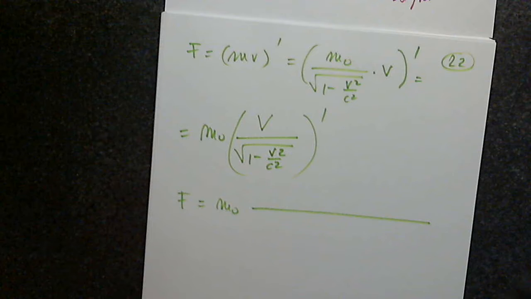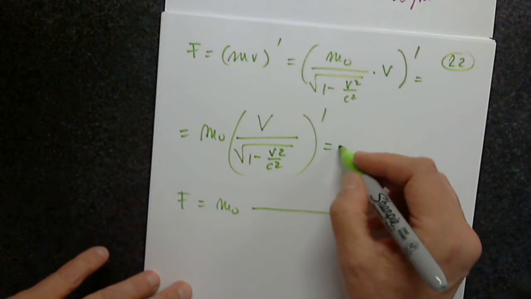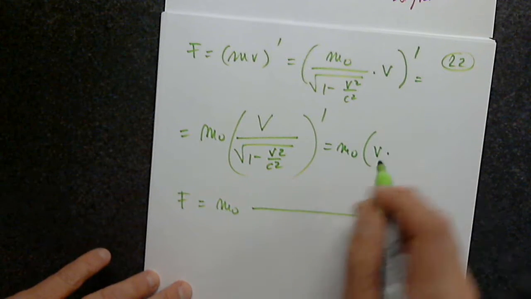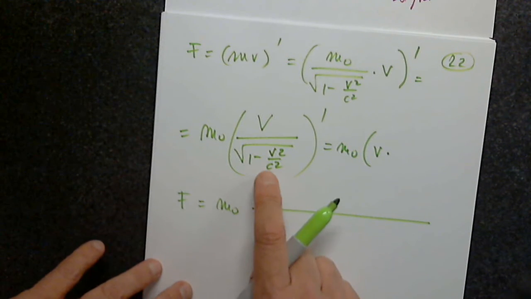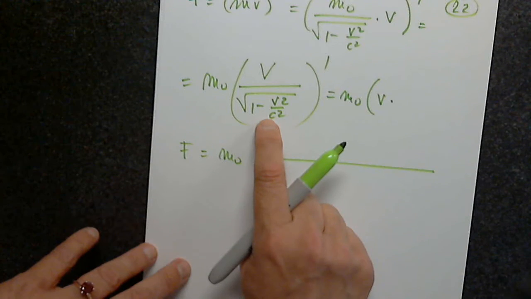Let's do that before we start differentiating. So one option would be, do you want to keep it as a product? Do you want to keep it as a ratio? No? Okay. So then m0, v multiplied by something to the power of -1/2.